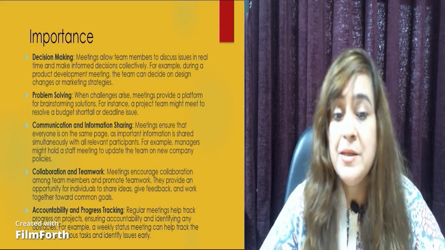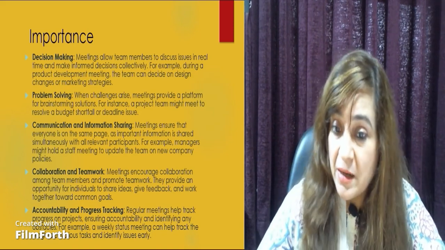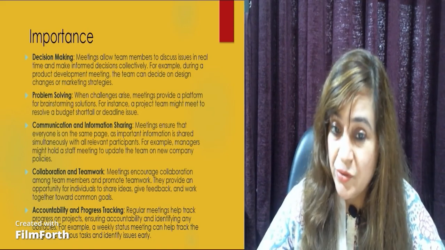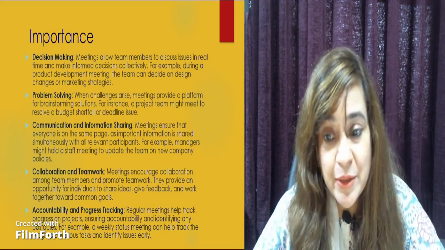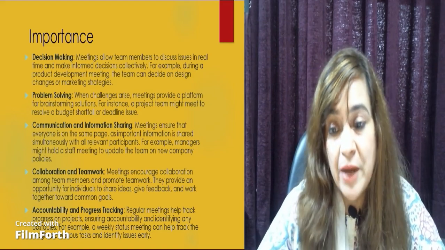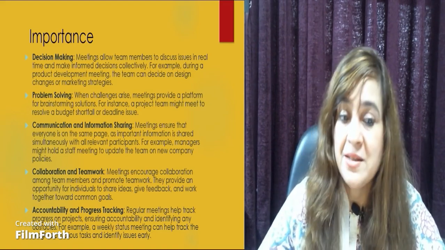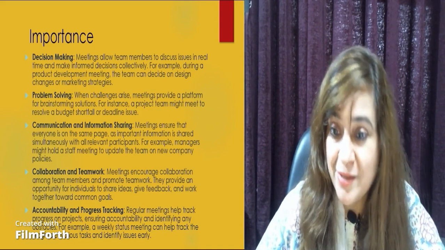And accountability and progress tracking. Regular meetings are again a very important part, and any head of the organization should always have regular meetings, because they enable the hierarchy to keep track of all the projects that the company has undertaken, and of the progress, how the project is going.